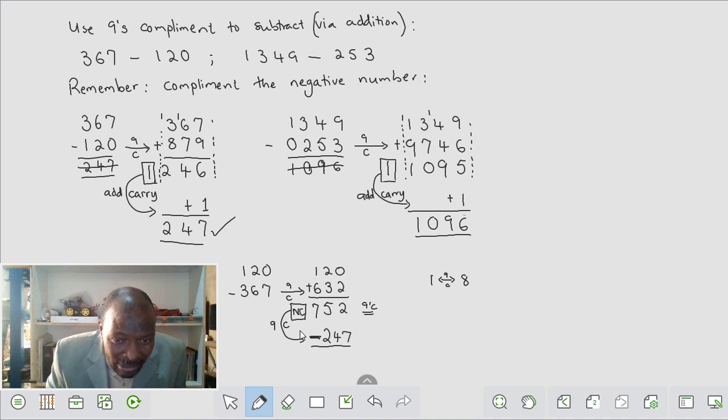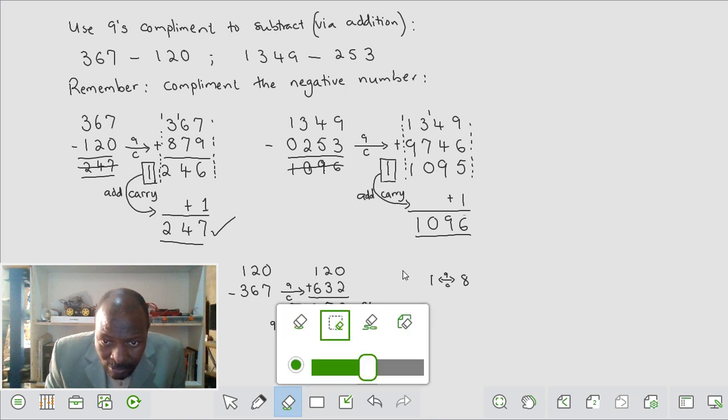It was positive 247, now it's negative 247. Yes, obviously, if I'm subtracting 120 minus 367, it's going to be the negative of 367 minus 120, which is true. So I'll prove that this is true by doing the other one as well.